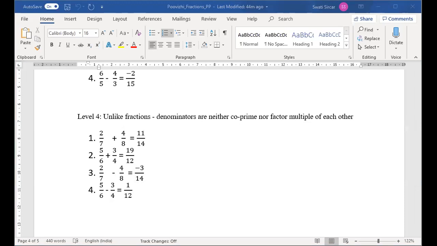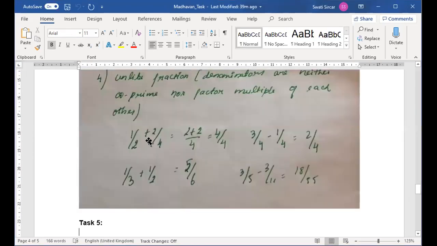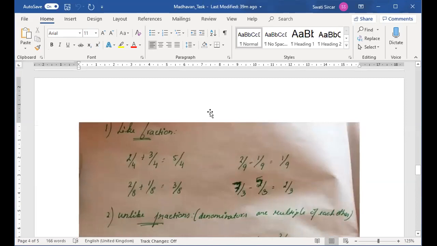And this may be the last one. Again, 2 by 4 is level 2. This is level 3, this is level 1, and again this is level 3. So none of these actually fall into level 4.